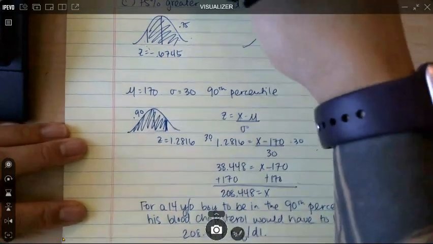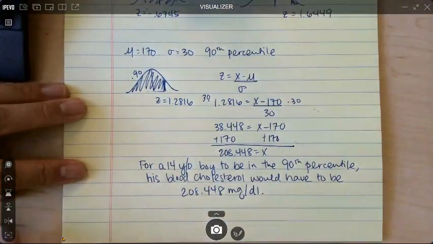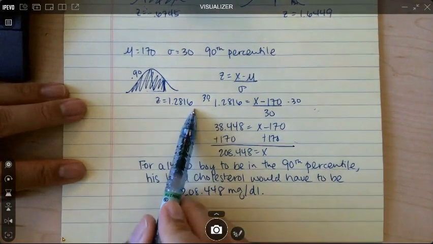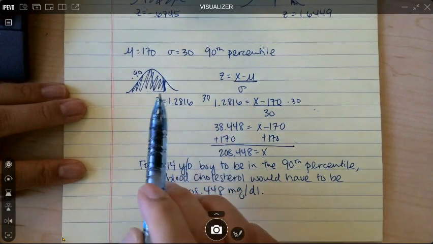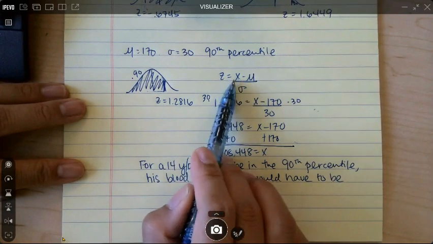So there's a working backwards problem. Instead of using the formula to find the z-score, we have the z-score and we use the formula to find the data value.